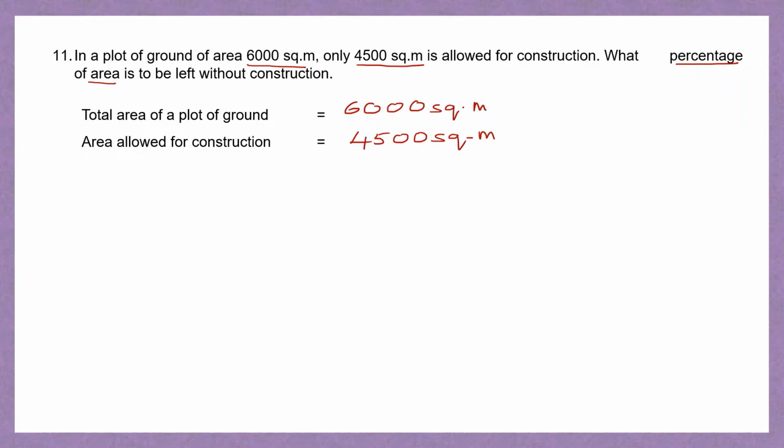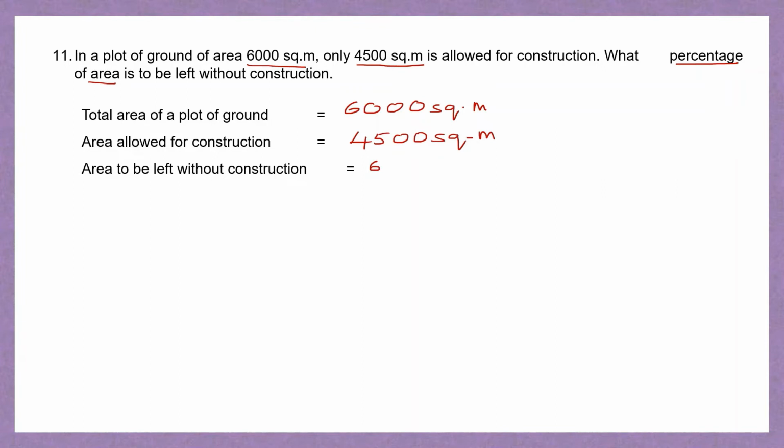So before we find the percentage, we need to find how much of area is to be left without construction. If we minus these two, the 6,000 and 4,500, we will know how much of area is to be left without construction.